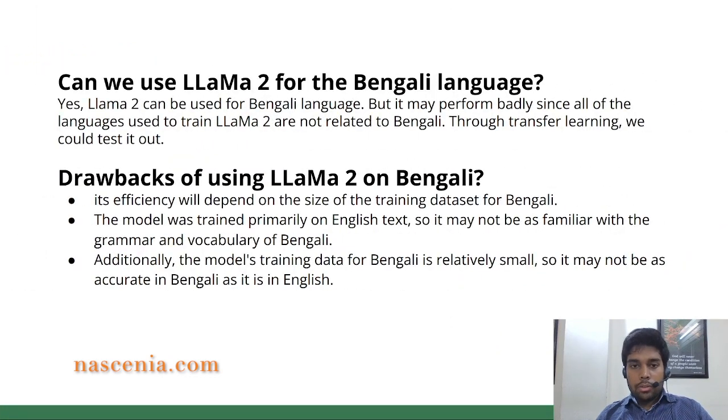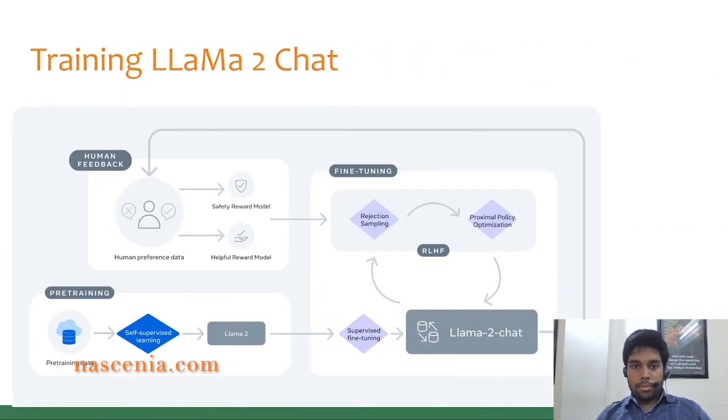Diving into the use cases for the Bengali language, LLaMa 2 is not related to Bengali as of yet, but it can be used on Bengali if we decide to train LLaMa 2 on a very large Bengali dataset or text corpus. The LLaMa 2 chat architecture is shown in this slide, and I will not go into the details of this architecture, but how LLaMa 2 chat works is that it is trained on a large dataset.